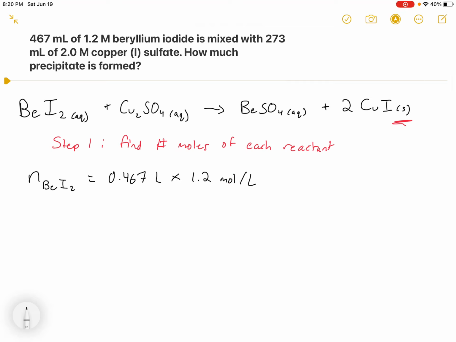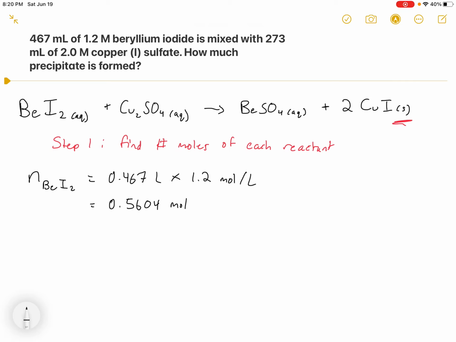If you want to know where those units came from, then check previous videos in the playlist. So 0.467 times 1.2 moles per liter, that's going to give you 0.5604 moles. All right, so that's for the beryllium iodide.